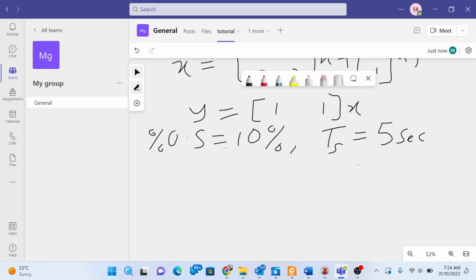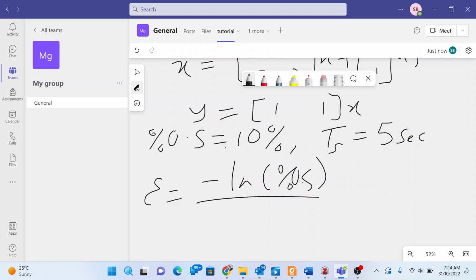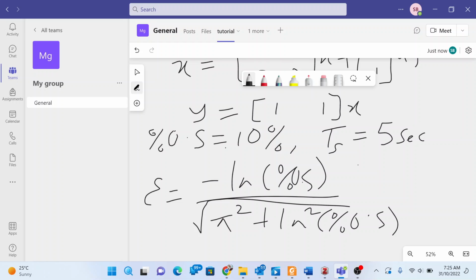Since we are given the overshoot, we are going to use the formula for the overshoot to determine that. And you know this formula, which is zeta is equal to minus ln percentage overshoot, then 1 all over square root of pi squared plus ln squared percentage overshoot.